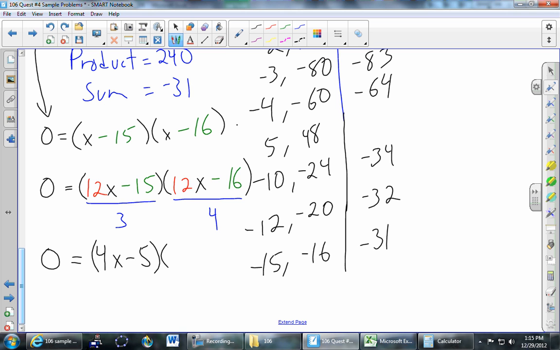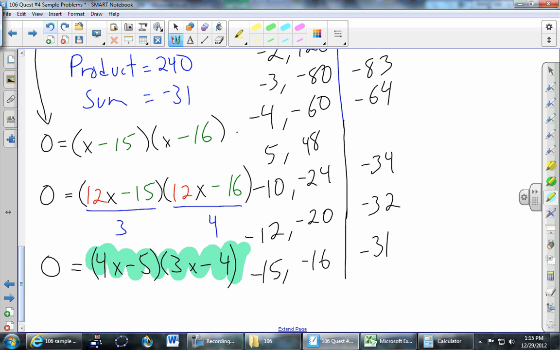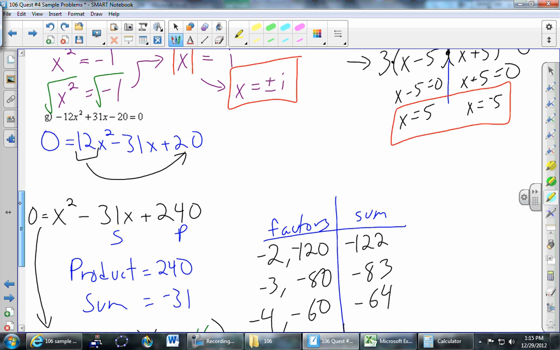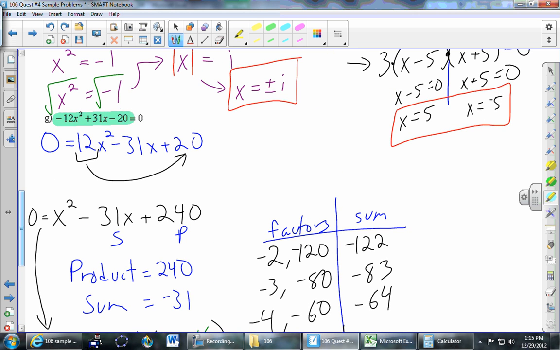Next parentheses, 4 into 12 goes 3. 4 into 16 goes 4. And after all is said and done, this is the correct factorization for the original problem. Well, maybe not quite the original problem. Our version where we got the x squared to be positive.